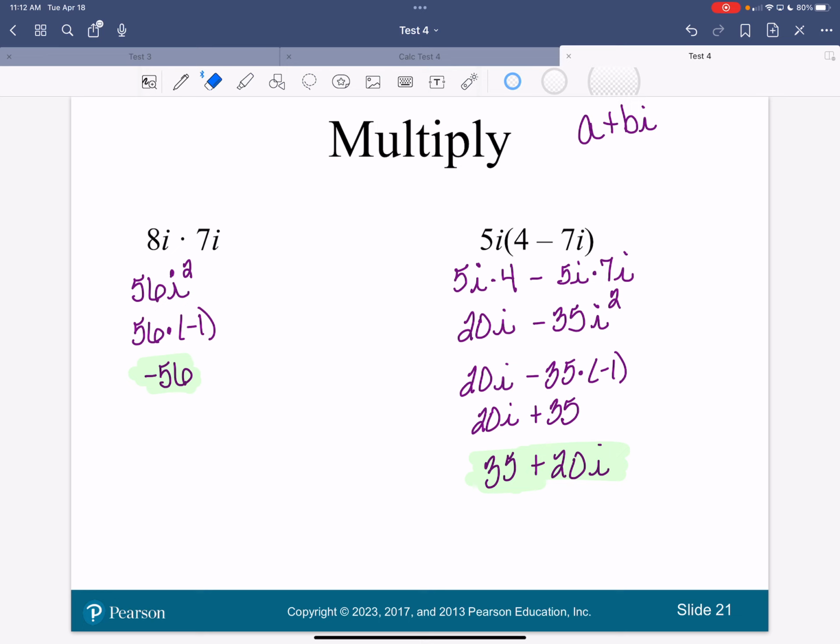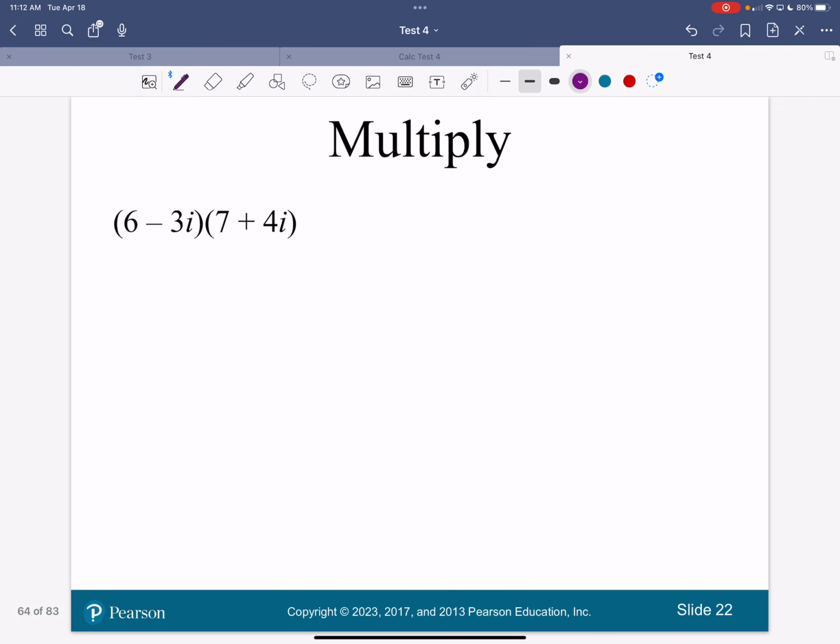Sorry, guys. Okay, now we're going to FOIL, because I have a binomial times a binomial. So we're going to treat this the same way we would any other binomial times a binomial. So I've got 6 times 7. What's 6 times 7?